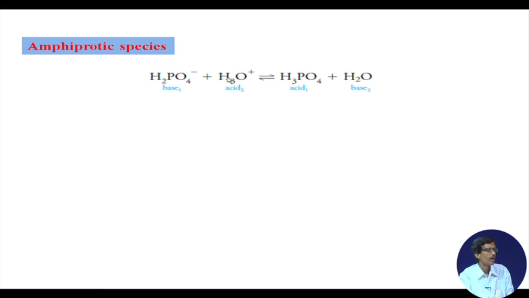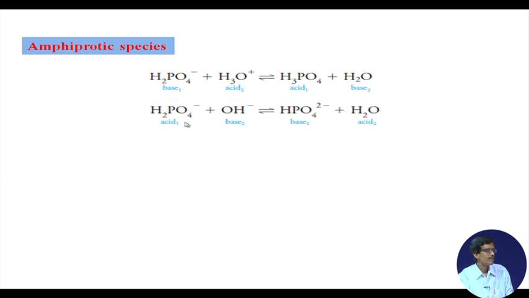So, hydronium ion is derived from water and this H2PO4 minus is derived from the phosphoric acid, giving rise back to these two things. And that means when these two are reacting, we are getting back acid 1 and base 2. So, this is base 1 acid 2 and acid 1 base 2.